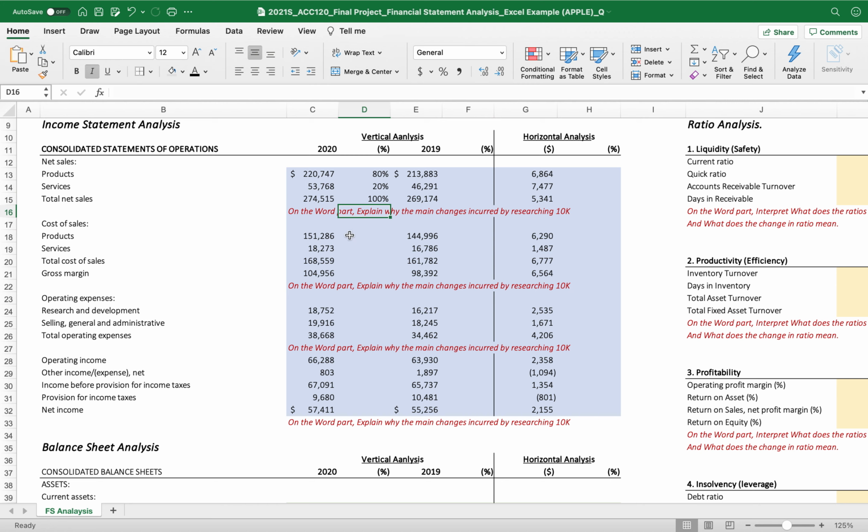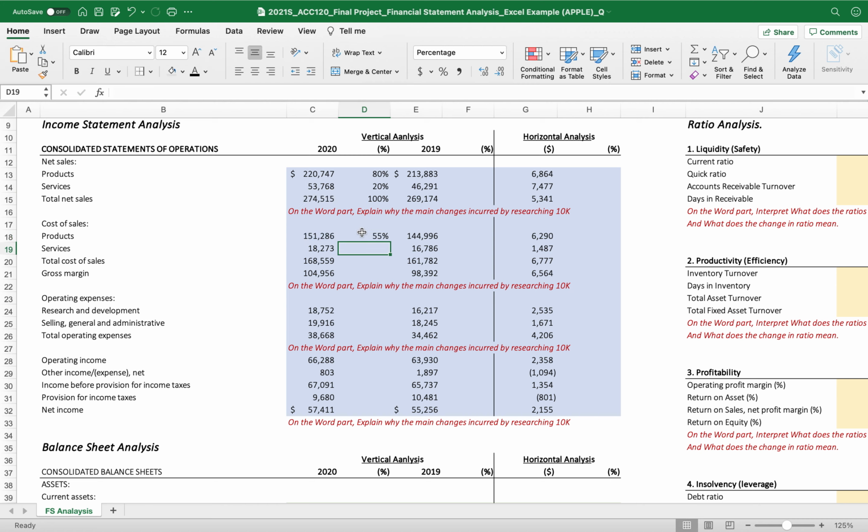Got it? And then the product cost of sales out of the base, the largest number in the income statement, is 55%.